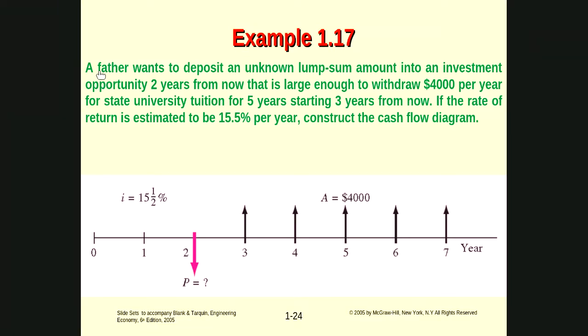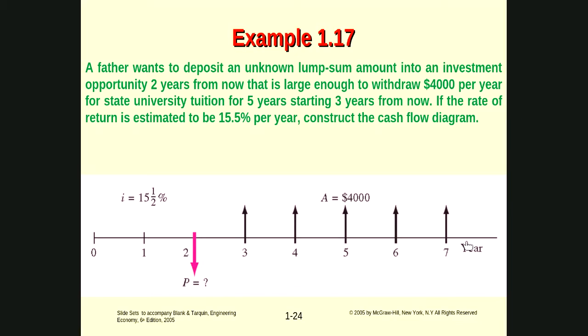For how long? For 5 years. Like you are an engineering student, you stay for 5 years in the university. And he wants to pay the school fees, which is the 4,000 per year. But he wants to know how much he has to invest a year before year number 3, because at year number 3 he will start to pay the school fees.